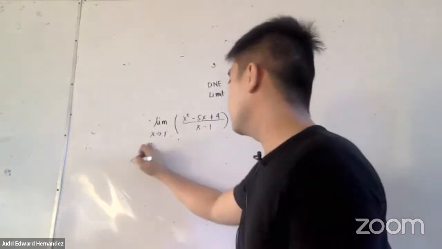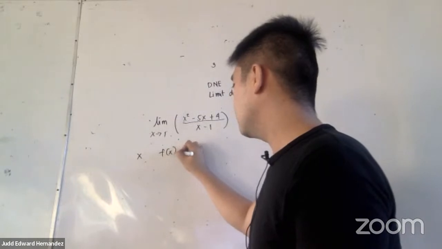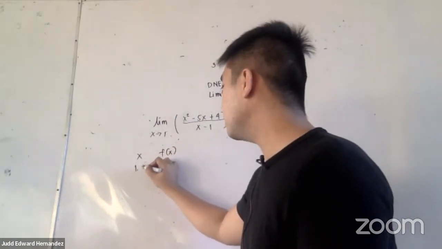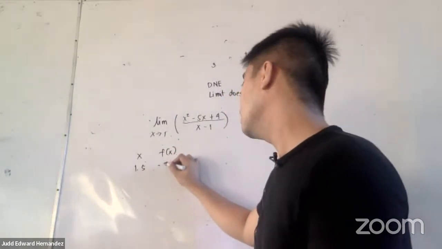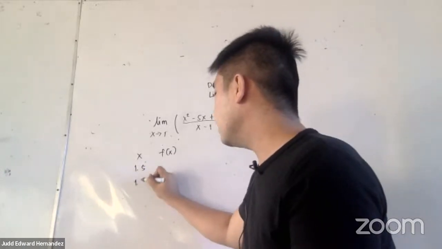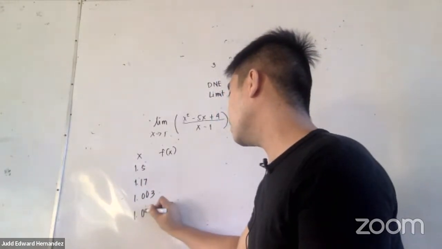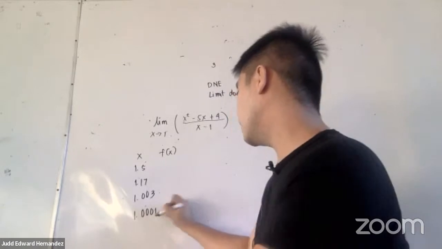Okay, so these are the values. Ako na yung magbigay ng values para mas mabilis and then you just supply it. 1.5, 1.17, 1.003, 1.0001.